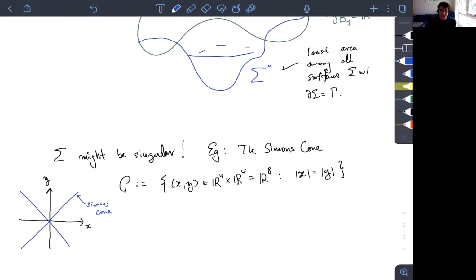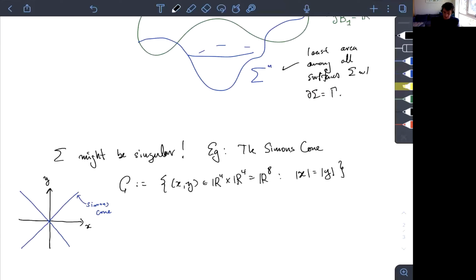Of course, this is in 8 dimensions, and so the picture is not completely accurate. For example, the complement of the Simons cone has exactly 2 components, right? That's going to be important for tomorrow, or in a moment.